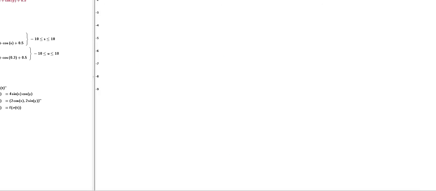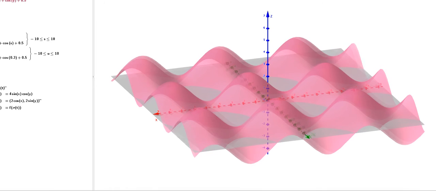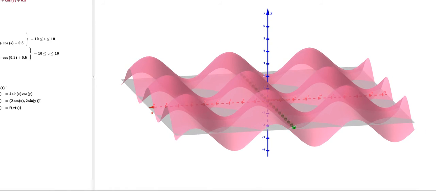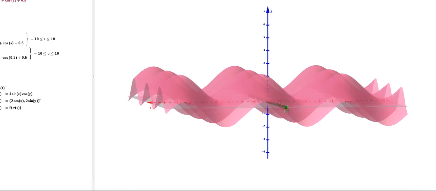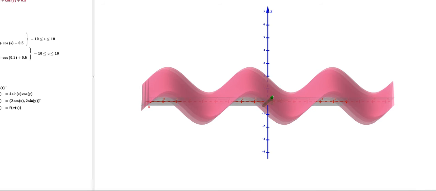In addition to the surface and the coordinate axes, the plot here shows the xy plane shown in gray. Sort of helps to see the surface better. Note that half of the surface is located above the xy plane and half of it is below.